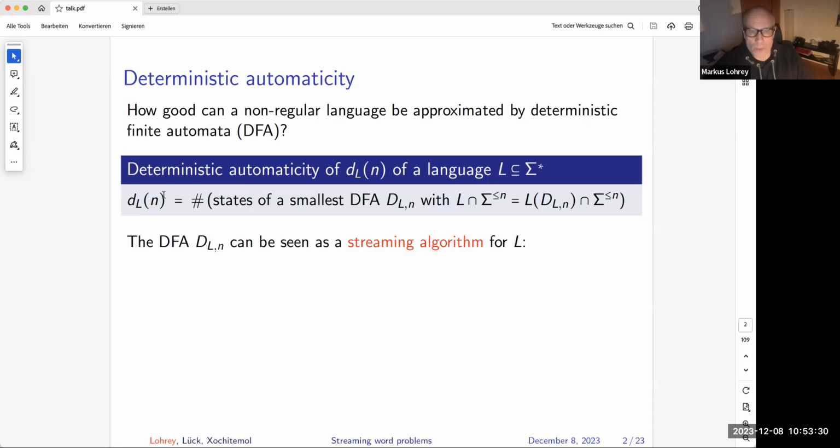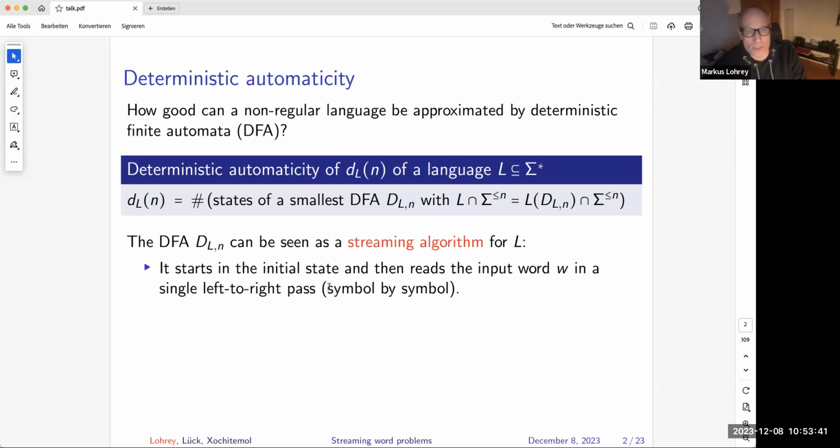Some remarks. What is the connection to streaming algorithms? You can view this automaton as a streaming algorithm for the language L. It starts in the initial state of the automaton, and then the automaton reads the input word w in a single left-to-right pass over the word, symbol by symbol.